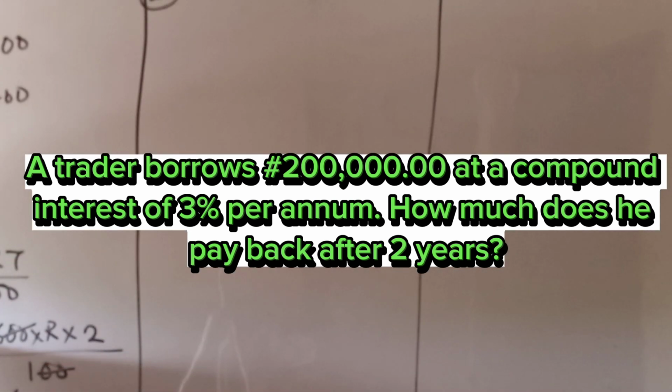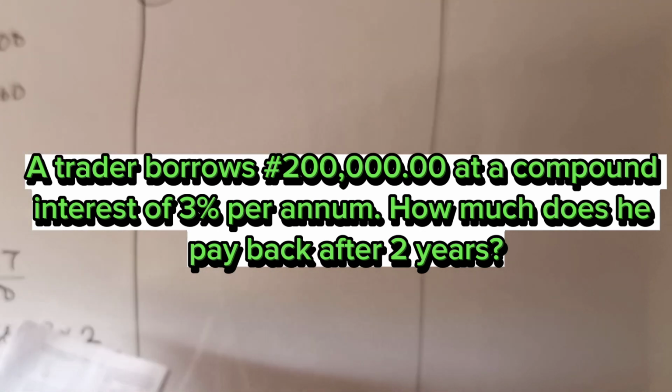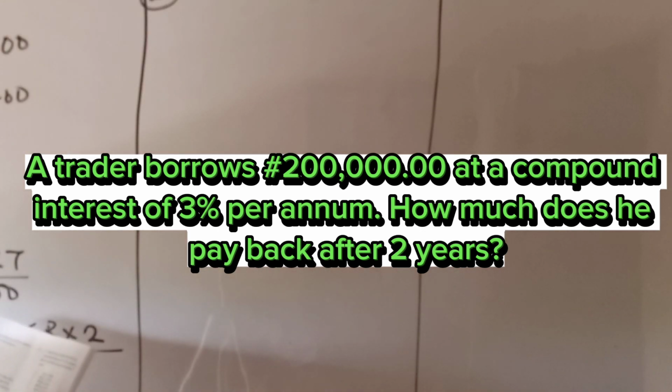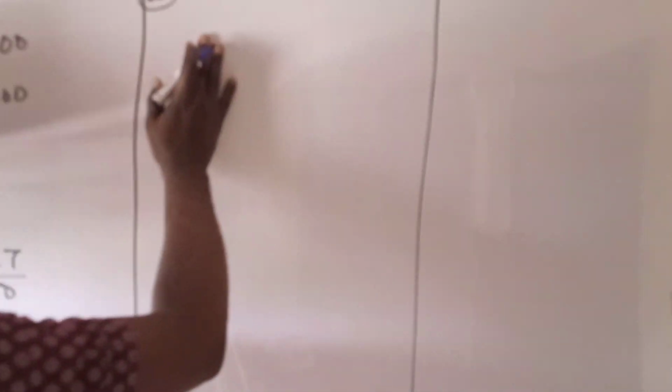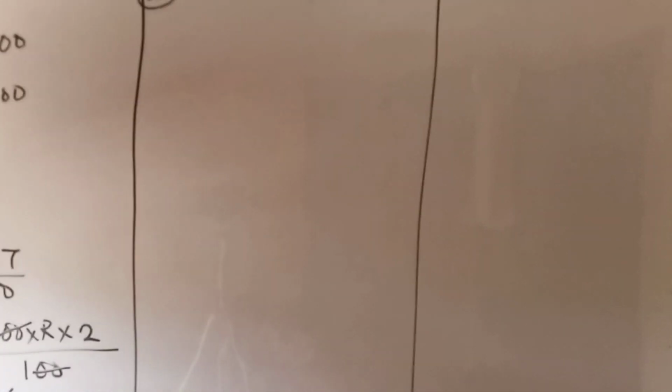Question 22 right now. A trader borrows 200,000 naira at a compound interest of 3% per annum. How much does he pay back after 2 years? So this is compound interest, and calculating compound interest is quite different from simple interest.